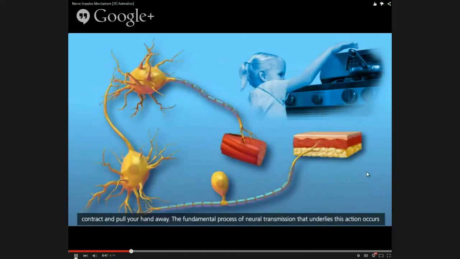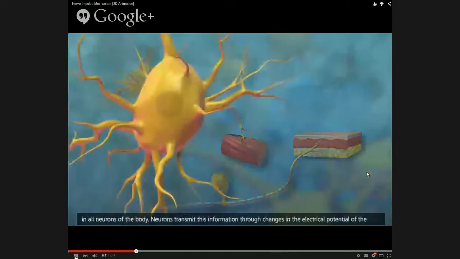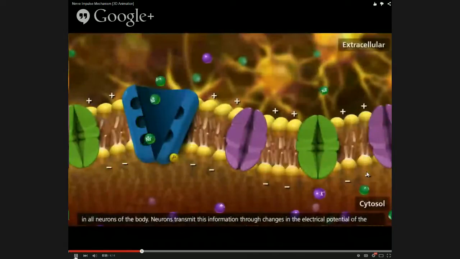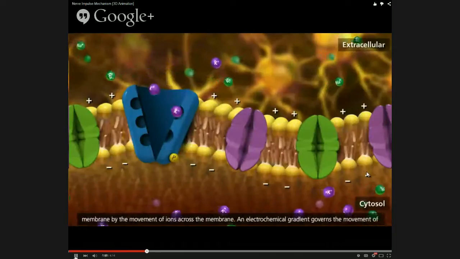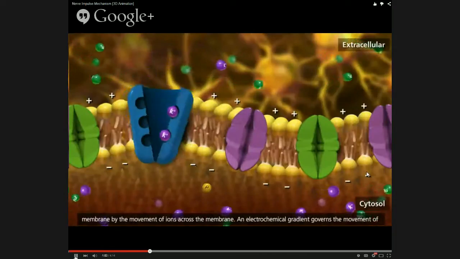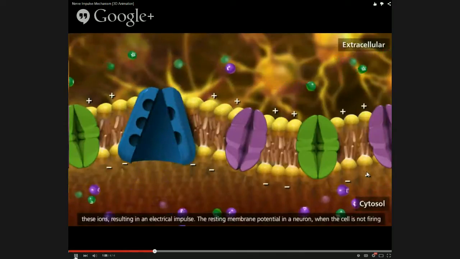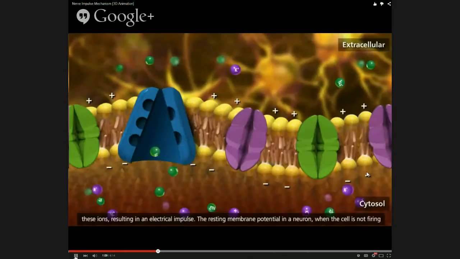The fundamental process of neural transmission that underlies this action occurs in all neurons of the body. Neurons transmit this information through changes in the electrical potential of the membrane by the movement of ions across the membrane. An electrochemical gradient governs the movement of these ions, resulting in an electrical impulse.